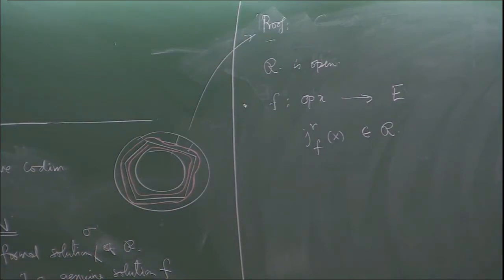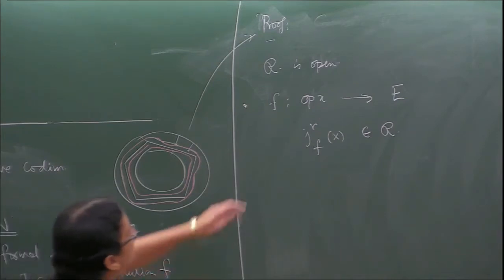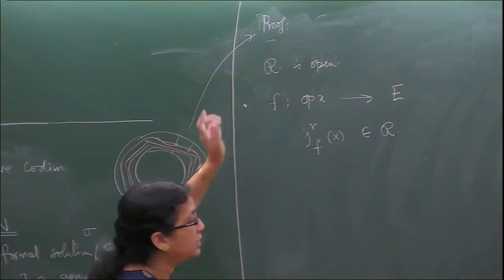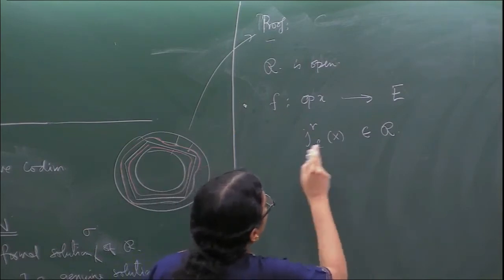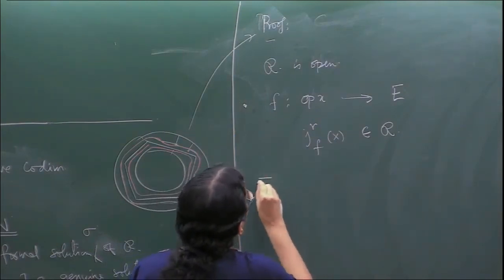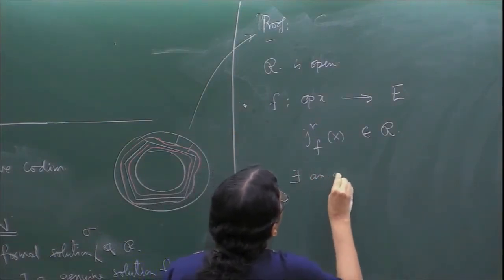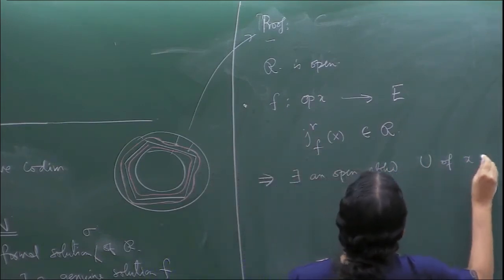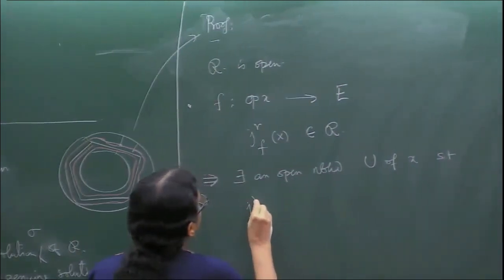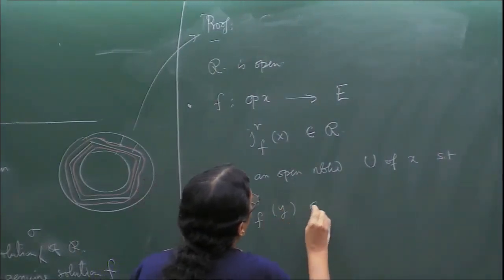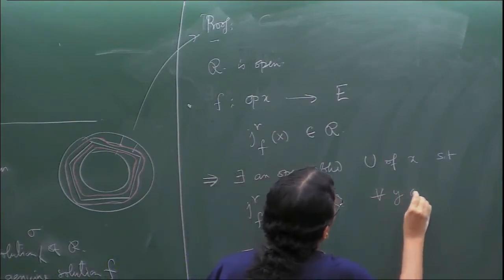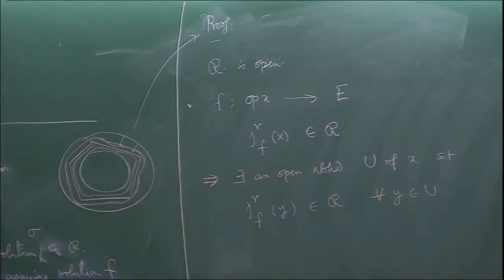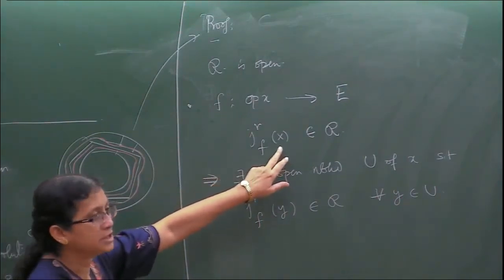Throughout I am assuming these are smooth. So in particular, this is continuous. So this implies there exists an open neighborhood U of X such that J^R F(Y) belongs to R for all Y in U. This is by a continuity argument. See, F was just a representative of the jet.